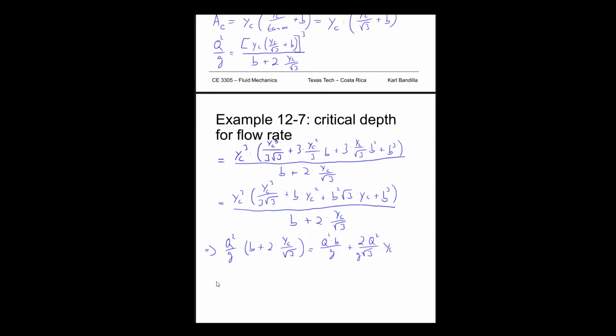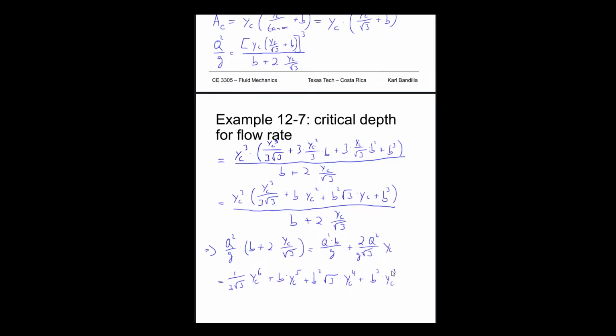All right, and that is equal to all the rest here, and we'll pull in the one out here, so we'd have 1 over 3 times square root of 3 yc to the 6th power plus b times yc to the 5th power plus b squared square root of 3 times yc to the 4th power plus b cubed times yc to the 3rd power.